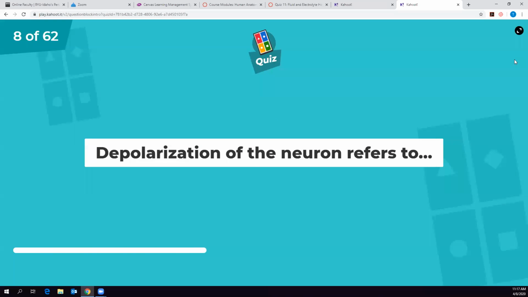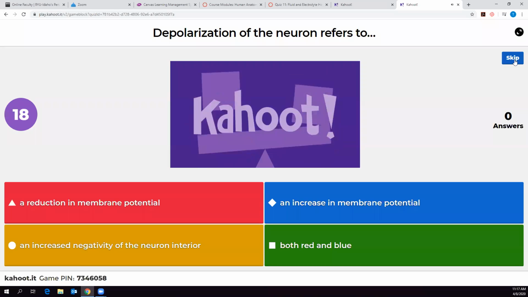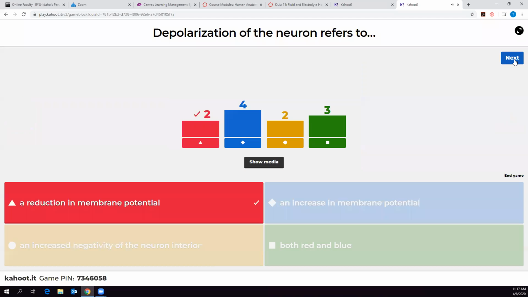Okay, depolarization of the neuron refers to, what does that mean? We had this question on the last test with membrane potentials in general. So what does it mean when the neuron depolarizes? It becomes less negative, you guys. An increase in membrane potential means it's more negative.